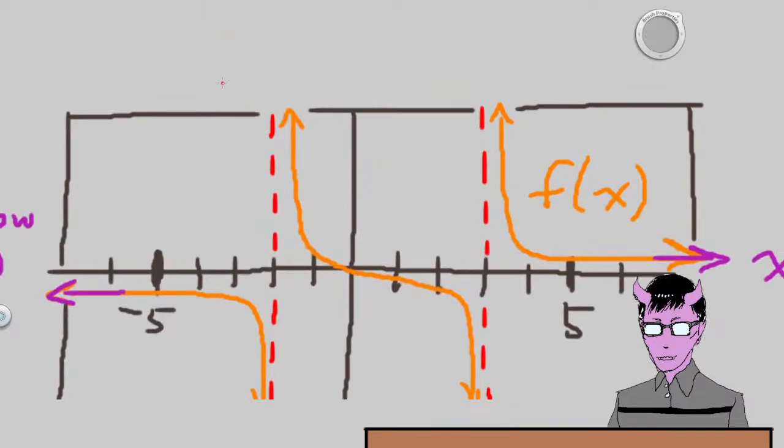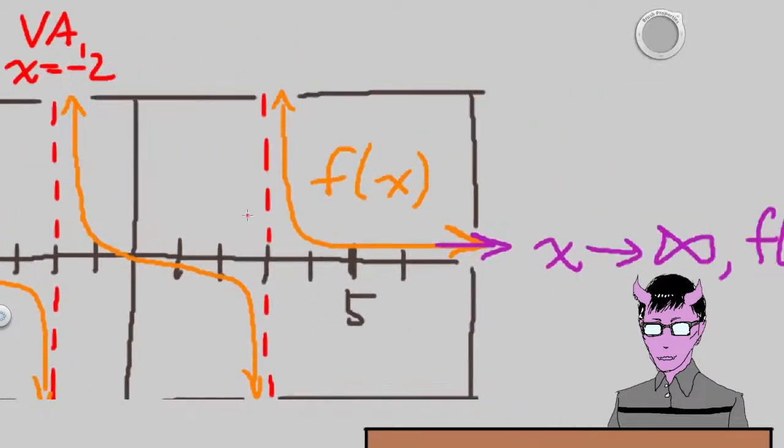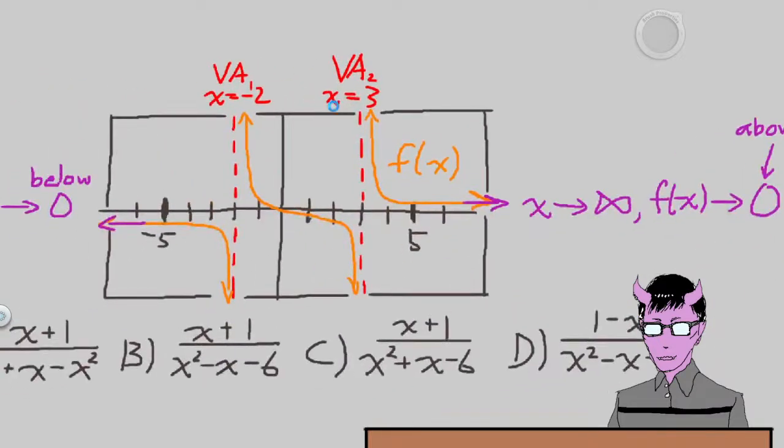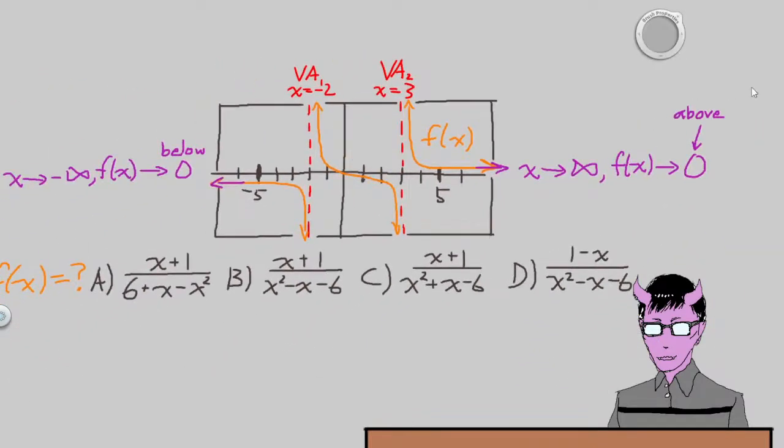Vertical asymptote number 1, x is equal to -2. And then vertical asymptote number 2, x is equal to +3. So let's check to make sure these things are good, right? Okay.